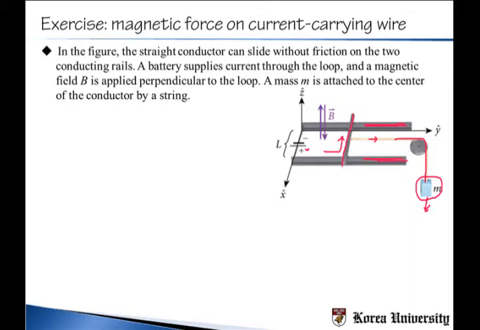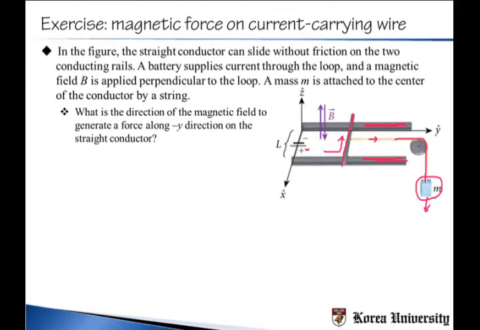Okay, and this is the question we are going to ask. The first question: what is the direction of the magnetic field to generate a force along the minus y direction on the straight conductor? Here, minus y direction means going to the left like this. So what do we need? Try to remember we have learned that the magnetic force acting on a current carrying wire is I multiplied by L vector cross B vector, and L vector is the length of the wire or the conducting bar, wherever the current is flowing.